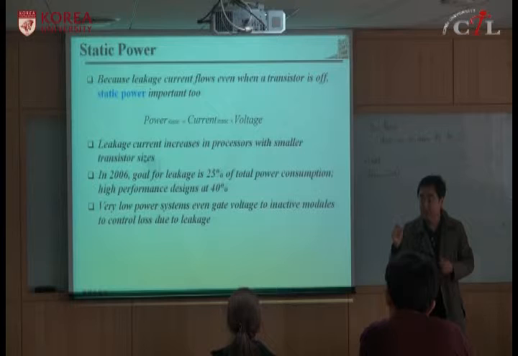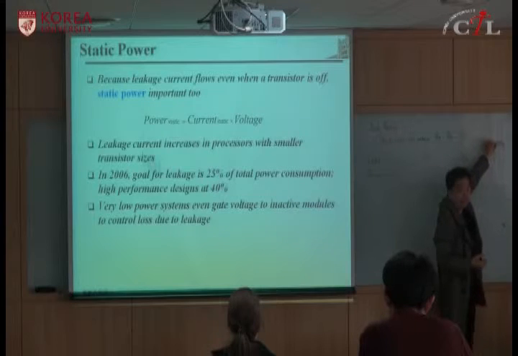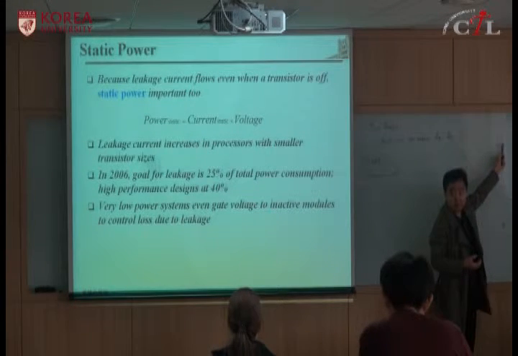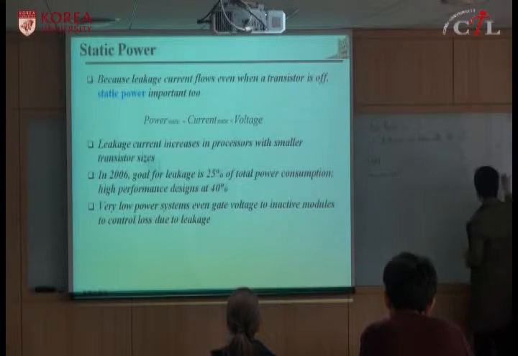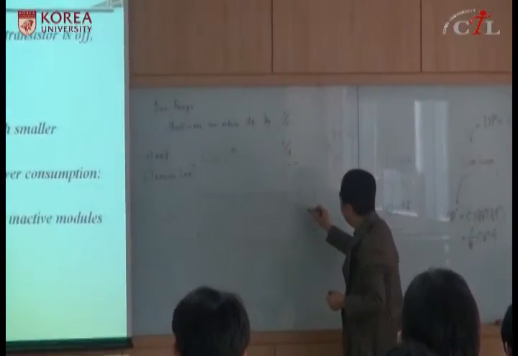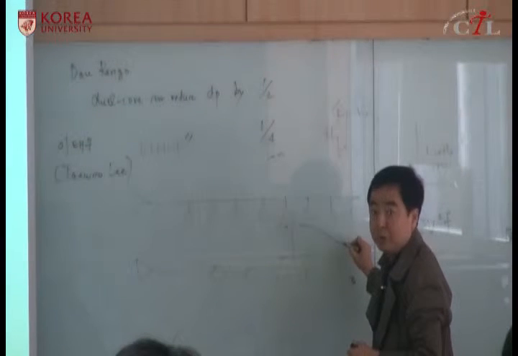That's why you need to refresh for DRAM. Even if you have high voltage at the output and you store your 1 in this cell, as time goes by, because of leakage current, V out will slowly go from high to low.